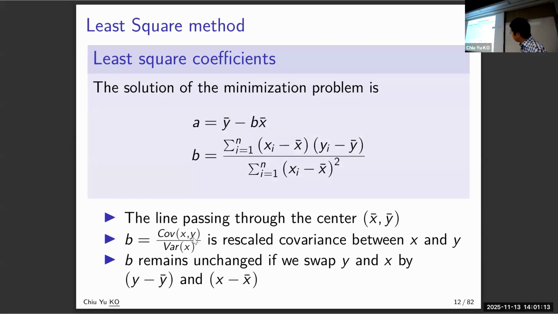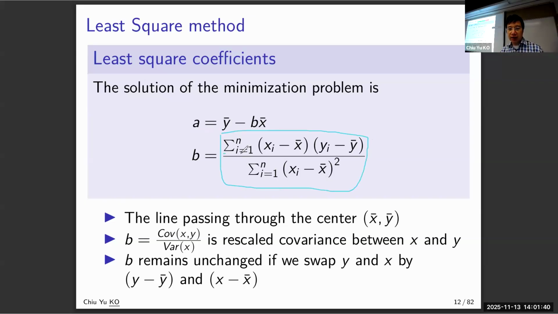I don't want to bother with the math, so I'll give you the result immediately, because you would be wondering what the best A and best B are. The best B looks very crazy. What's this guy?